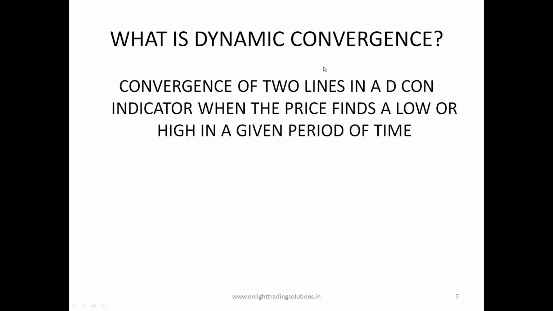So what is dynamic convergence? It is the convergence of two lines in a DECON indicator when the price finds a low or high in a given period of time.